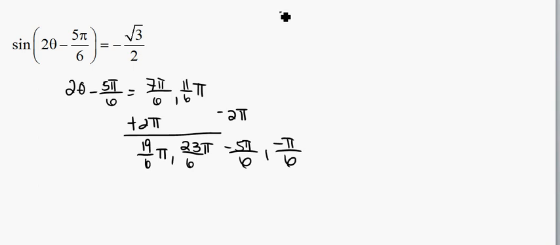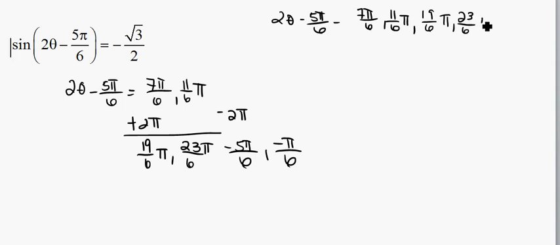So I now have 2 theta minus 5 pi over 6 equals 7 pi over 6, 11 pi over 6, 19 pi over 6, 23 over 6 pi, and finally negative 5 pi over 6 and negative pi over 6.